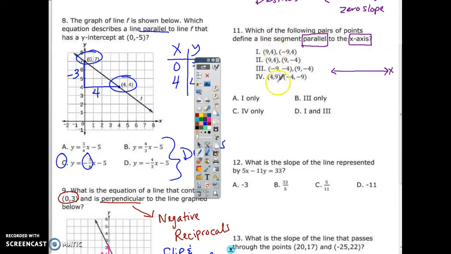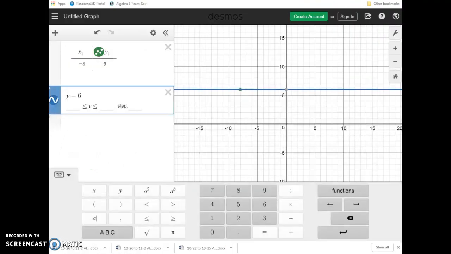So I need to plot all these points. I need to add a table on Desmos, plot those points, and see which one of these is parallel to the x-axis. So I'm going to go one at a time. This is Roman numeral 1, 2, 3, and 4. So I'm going to do Roman numeral 1 first.